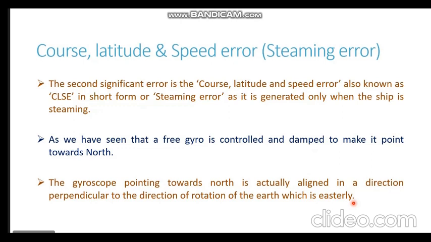This happens because of the rotation of the earth, because the earth is rotating on its axis in the easterly direction. So the basis of the entire motion of the free gyro is actually the rotation of the earth. By using the control precession and the damping precession, we have made such an arrangement that the spin axis points in a direction which is at right angles or perpendicular to the direction in which the earth is taking us, that is the easterly direction.